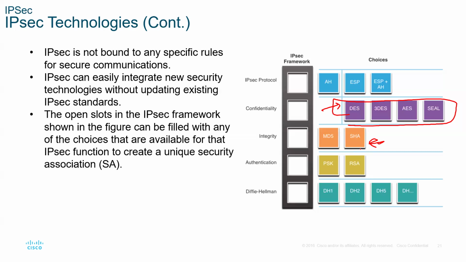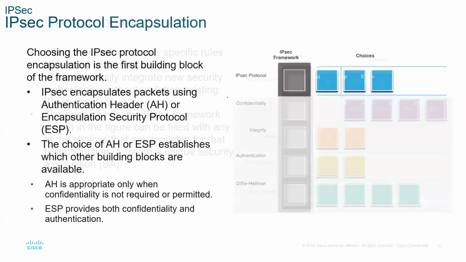Then at the top panel, the type of protocol that we are using. I think on the next slide, IPsec protocol encapsulation. When we are configuring IPsec, the choice of encapsulation protocol is very important. Why?